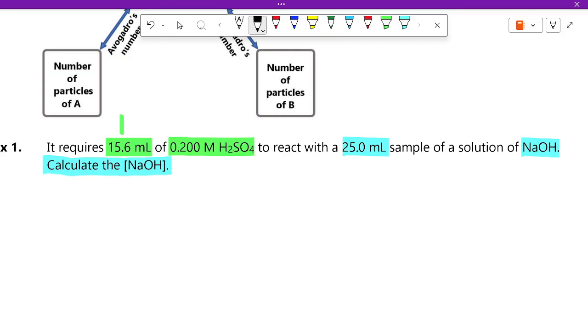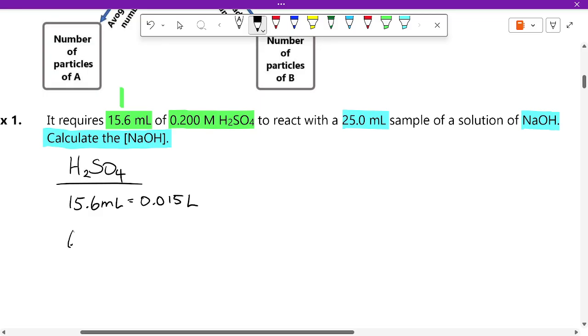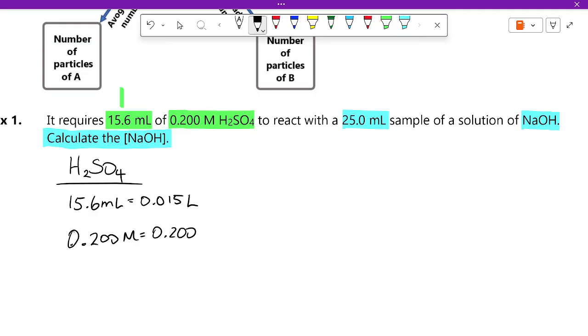So let's just summarize what we know about the H2SO4. We know that we have 15.6 milliliters, which is 0.0156 liters. And we also know that we have 0.200 molar, which we can rewrite as 0.200 moles per liter.